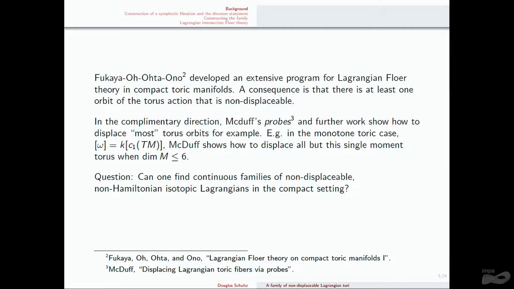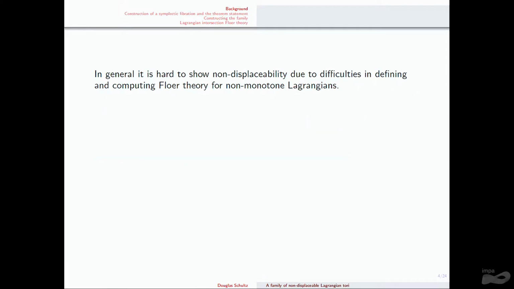We saw an example yesterday in Elsa's talk. In general, it's hard to show non-displaceability due to difficulties in defining and computing Floer theory for non-monotone Lagrangians. Yesterday, those examples were monotone, and that left a shift fibration.